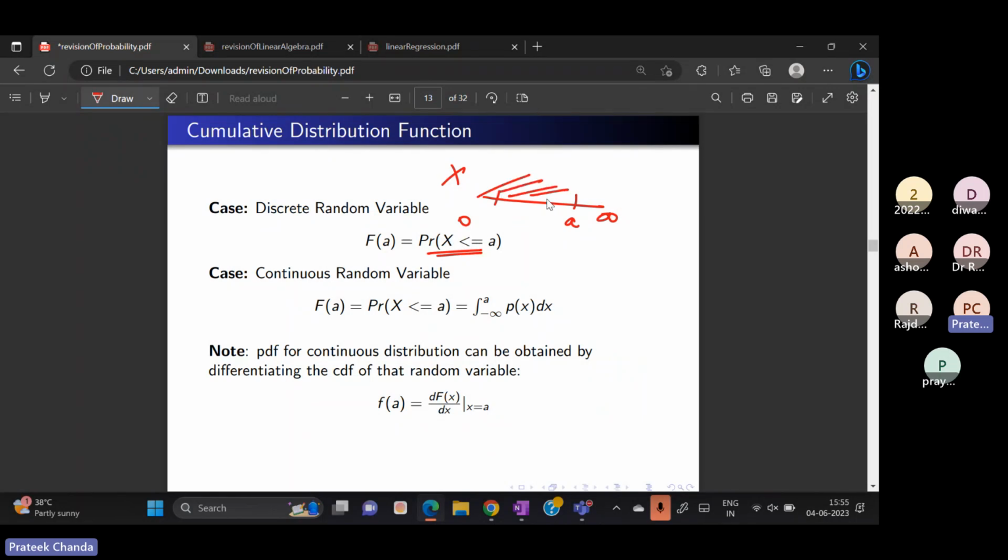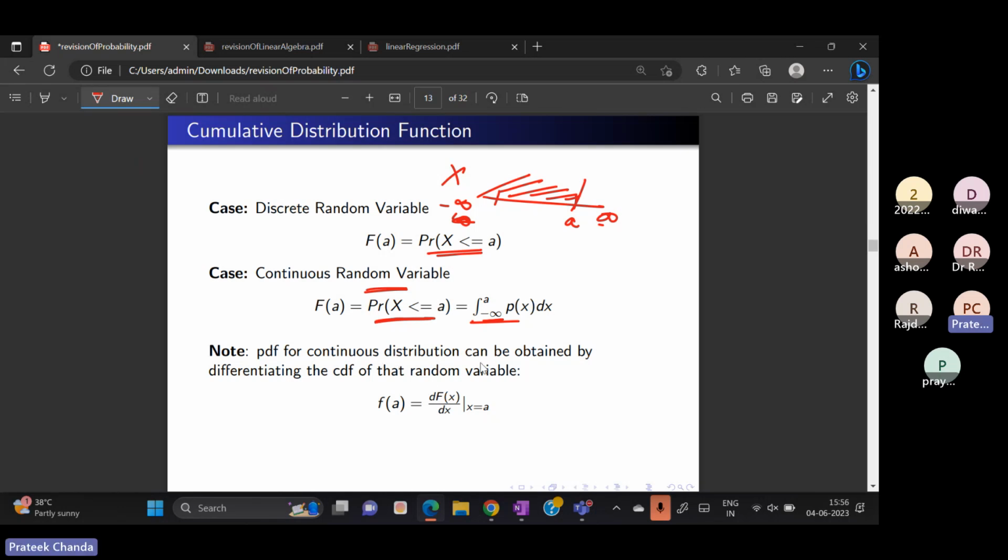So the entire region here, in the probability mass function, can be thought of as the cumulative distribution function. Similarly, for a continuous variable, considering my random variable lies from minus infinity to infinity instead of zero, it's an integration, or summation in the case of a discrete variable, from minus infinity to a.